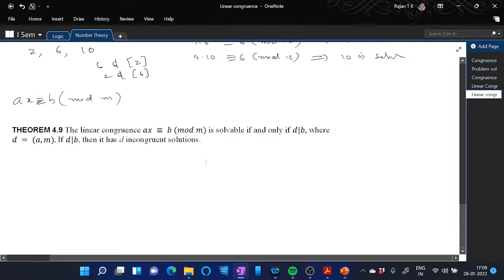Now we will see a necessary and sufficient condition for the linear congruence Ax congruent to B modulo M to be solvable.